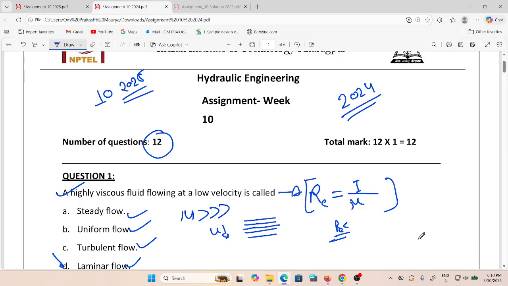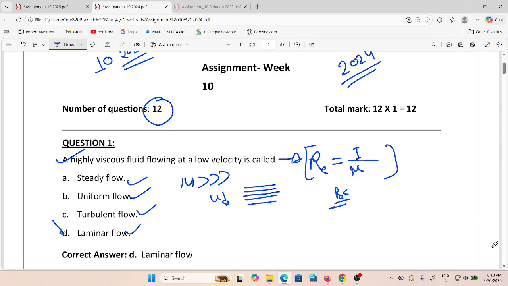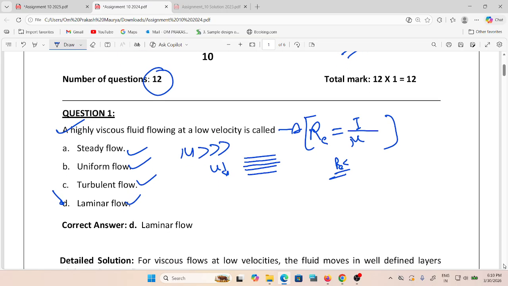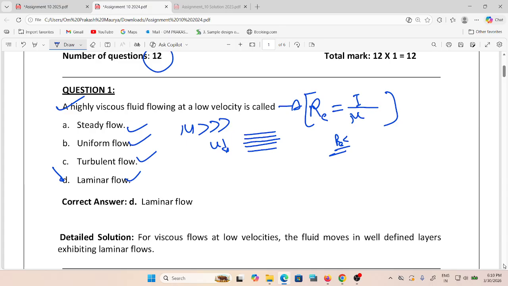Let me just check. Yes, it is laminar flow. For viscous flow at low velocity, the fluid moves in well-defined layers, exhibiting laminar flow. Visually and mathematically you can think like that.